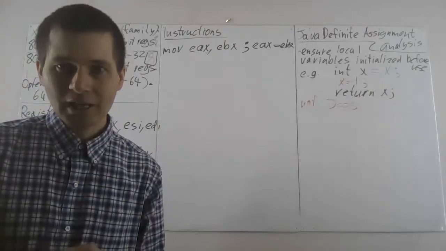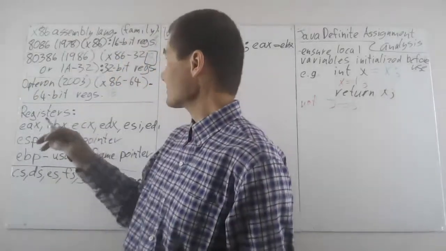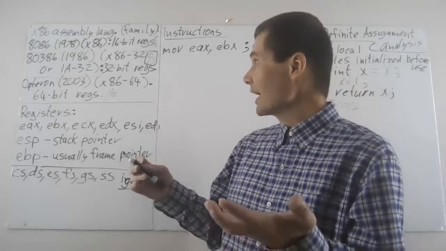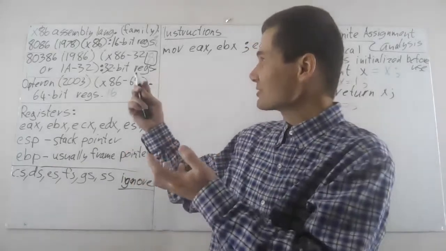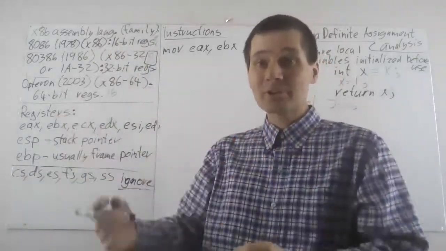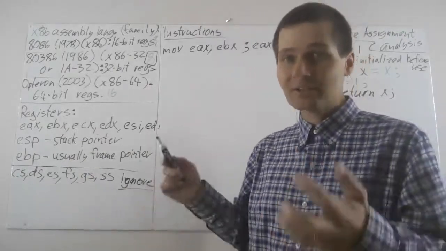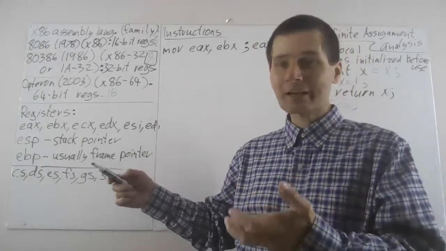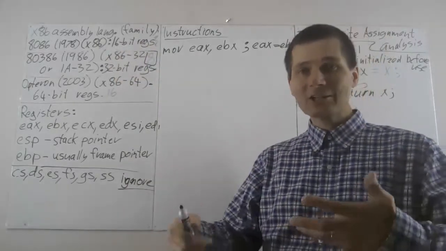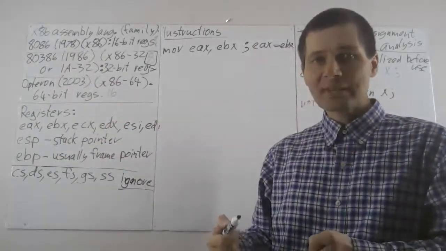Okay, and I've got a question. Are we using Intel or AT&T syntax? So x86 is a processor with a machine language, but in terms of assembly language, over the many years there were many different assemblers written for x86. We're using the Intel syntax, which is the assembly language that Intel introduced along with the processor, and that's the preferred x86-specific assembly language.